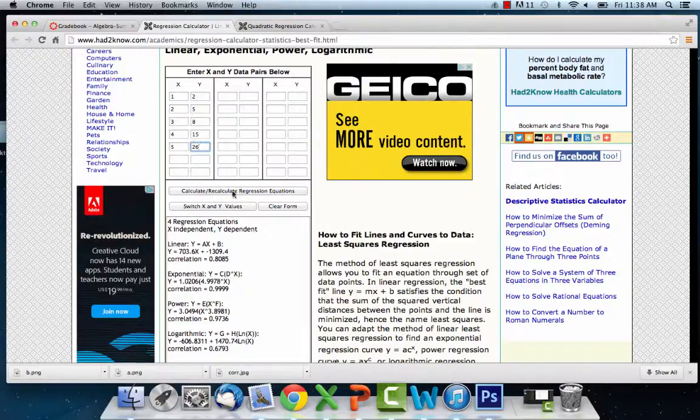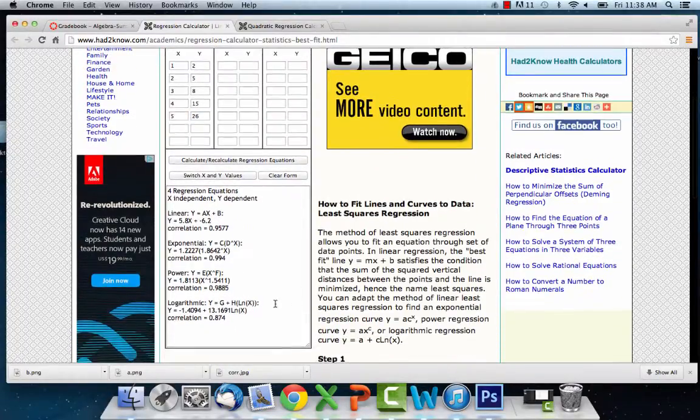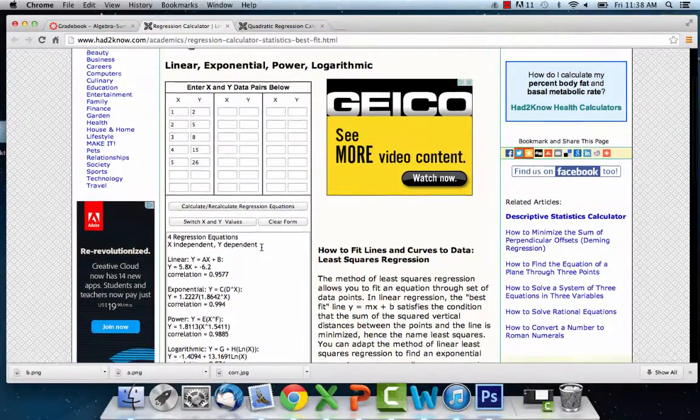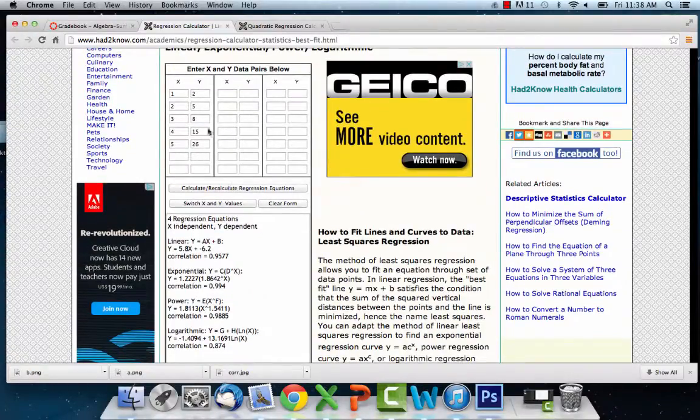And then calculate. So we have, actually this has the best match at exponential, so maybe I chose poorly, like making up my points here.